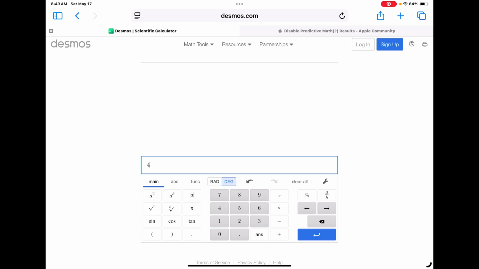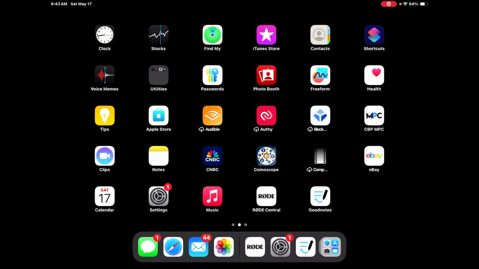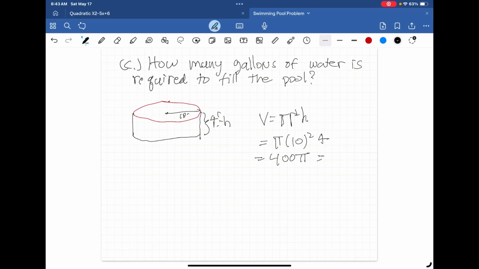So we've got 400 times pi. That's equal to 1,256.6 cubic feet. That's the units. Now let's convert to gallons.